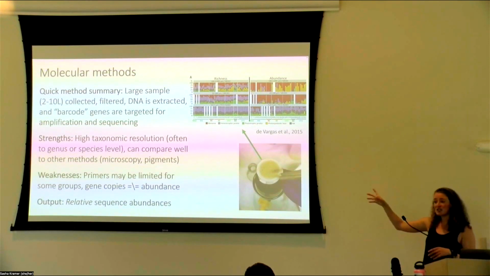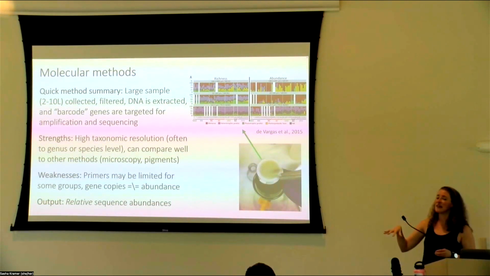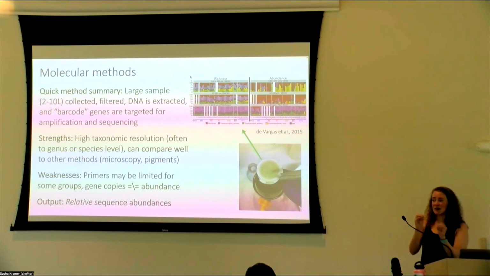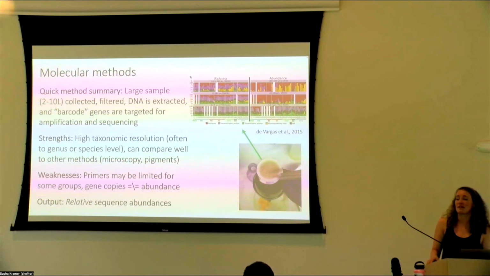That's what the barcode gene is referring to with DNA. So it's telling you whether it's this diatom or a member of the dinoflagellates or just a eukaryote. But that barcode is unique for each individual that you're sequencing, so it can tell you something about who's in the environment.